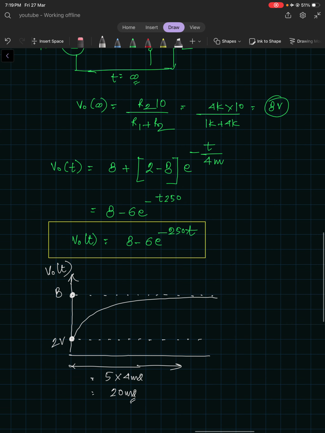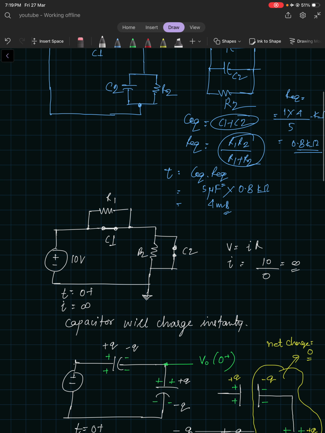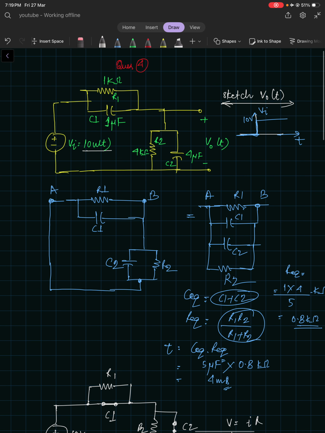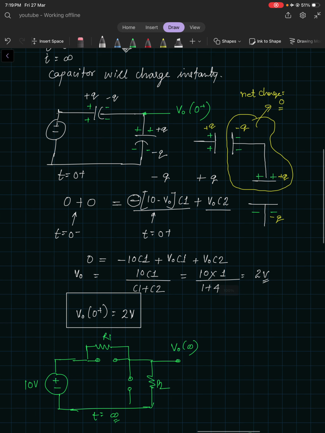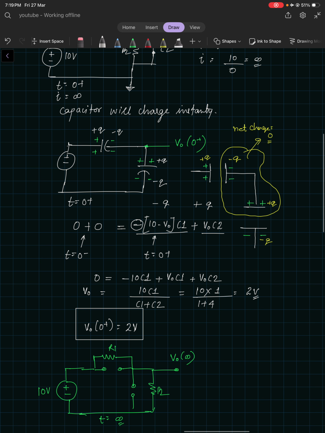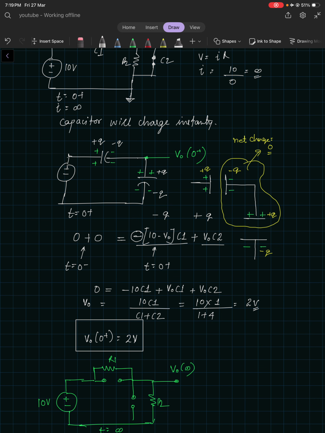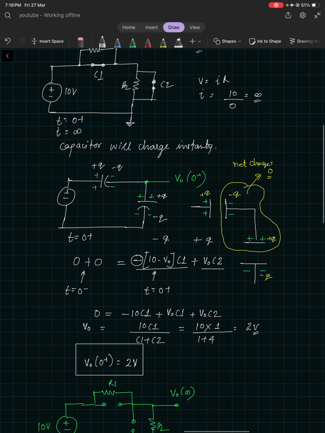Now this question is very important, right? So this is how you solve it. Let me give you a quick revision. The important part was how the capacitor voltage was changing instantly.